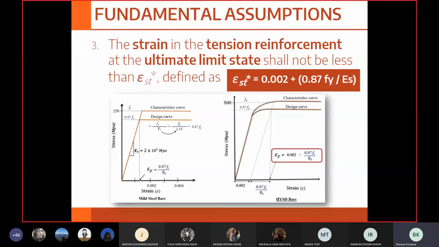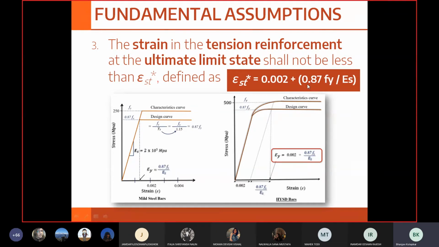Okay. Now, one question that we might ask is that this is okay for high strength bars, but for mild steel bars, when we have a fixed yield limit, say 0.87 fy by Es, why are we using this equation? Now, this is just to keep things simple. We don't want to define a different strain limit in steel for different grades of steel. So this is just a conservative number.